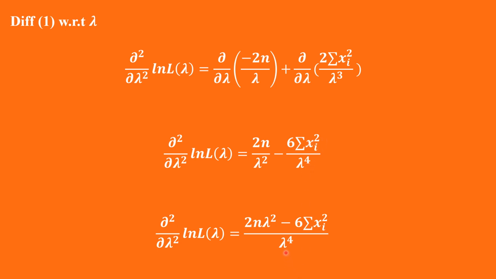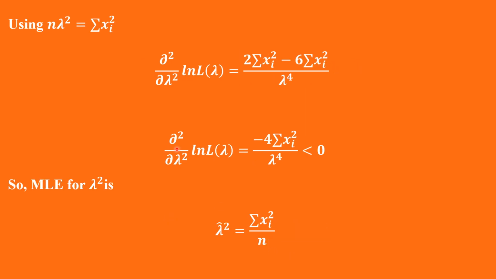Taking LCM lambda power 4, we have 2n lambda square minus 6 summation xi square over lambda power 4. Using n lambda square is equal to summation xi square, we have 2 summation xi square minus 6 summation xi square, which will become minus 4 summation xi square over lambda power 4.